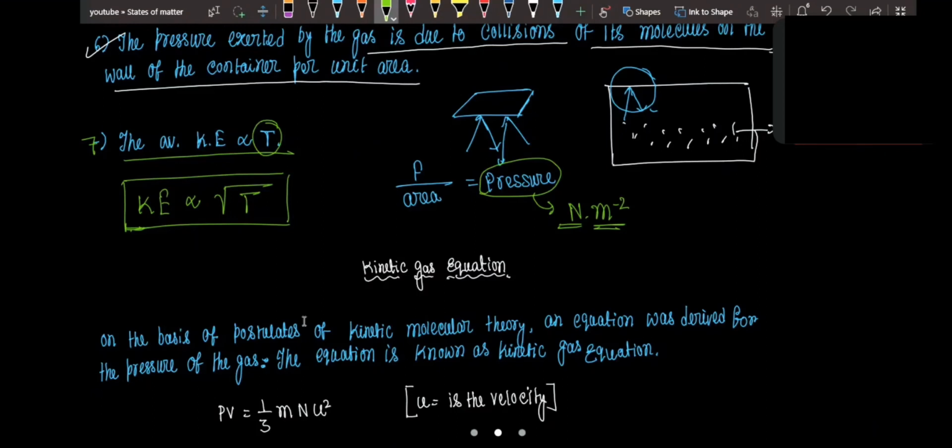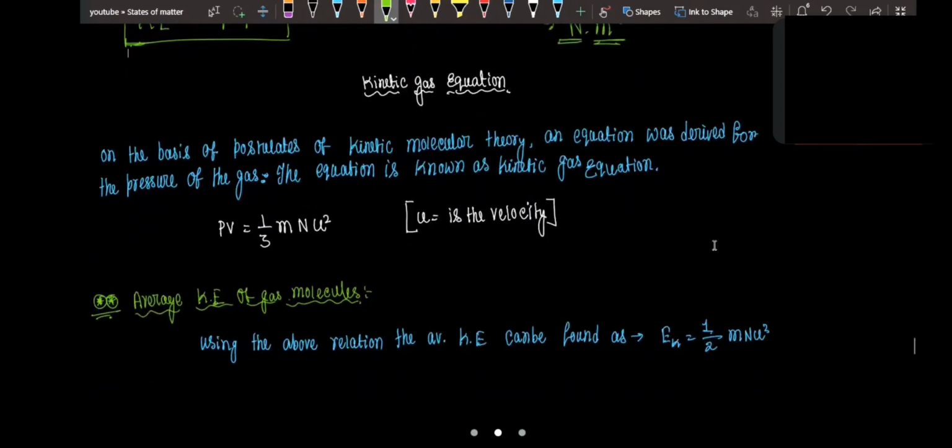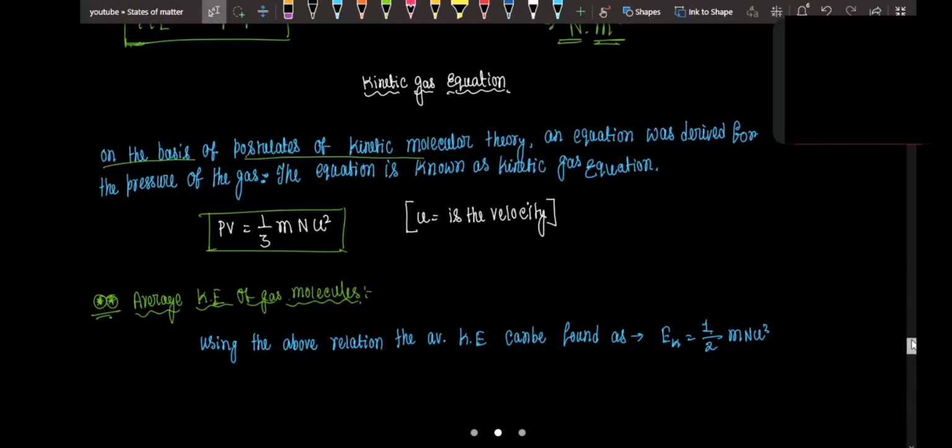Now the kinetic gas equation is over here. We are proving what would be the total kinetic energy of a gas, on the basis of whatever we have done, that's the postulates. That was a qualitative analysis, and now if you go to the quantitative analysis, PV equals 1/3 m n u square, on the basis of the postulates of the kinetic molecular theory.